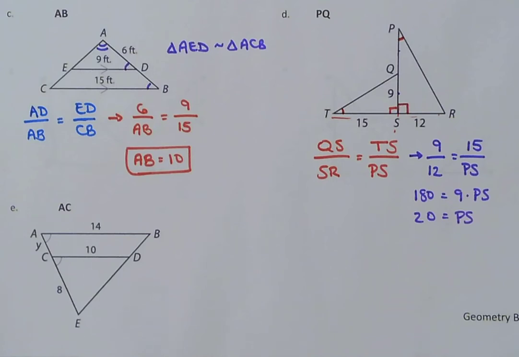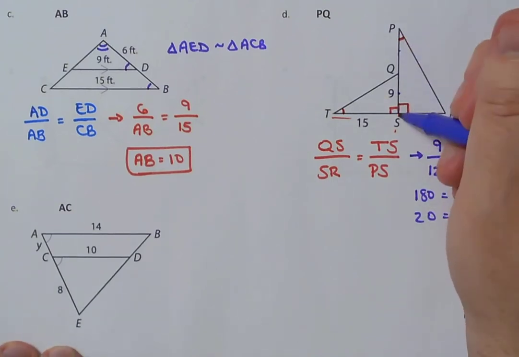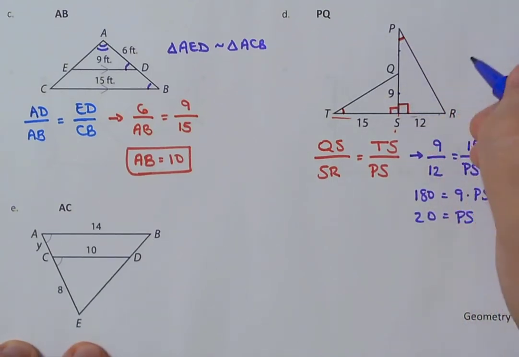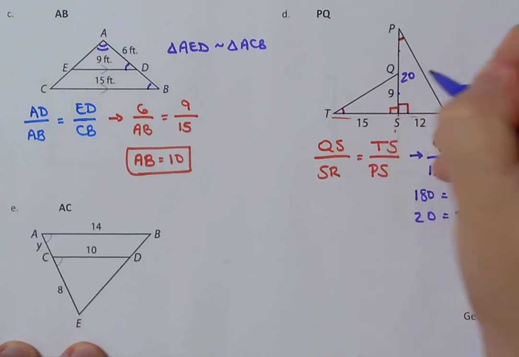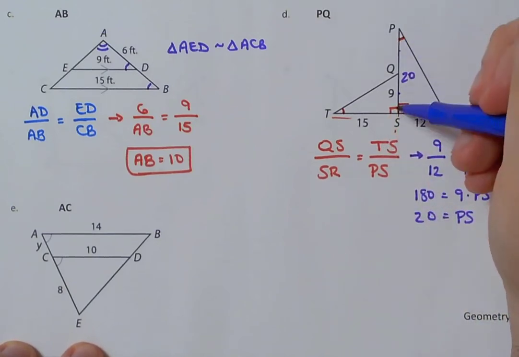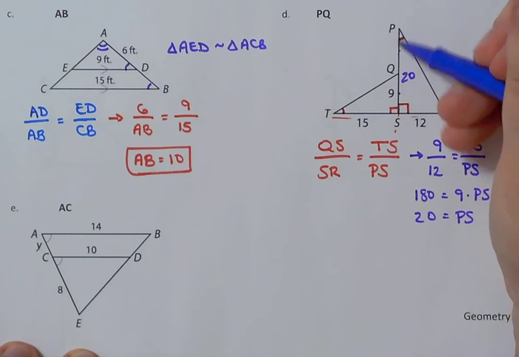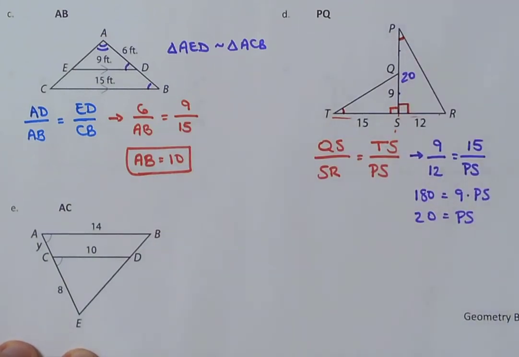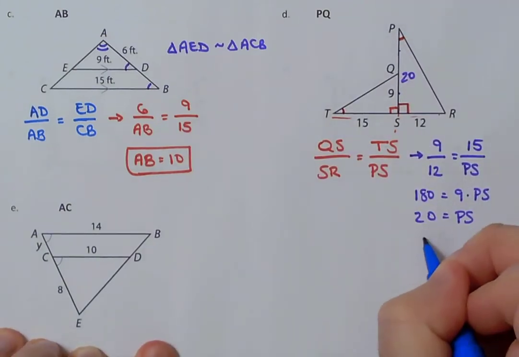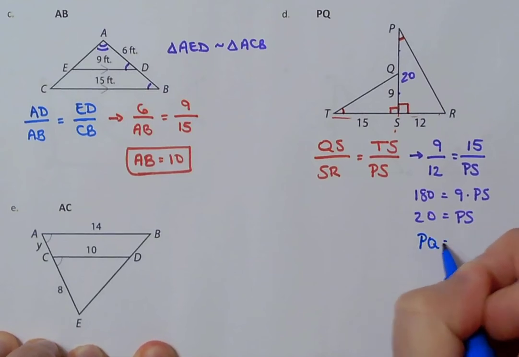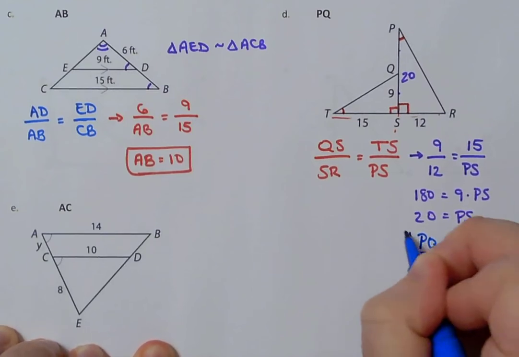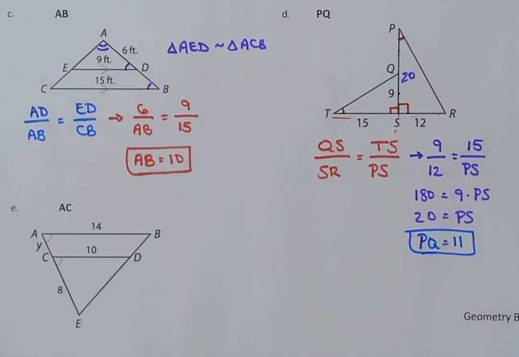So the entire thing of PS is 20. So if this whole thing is 20, to figure out PQ, all we have to do is just do 20 minus 9, and that's going to tell us that PQ is 11. And that is your answer to part D.